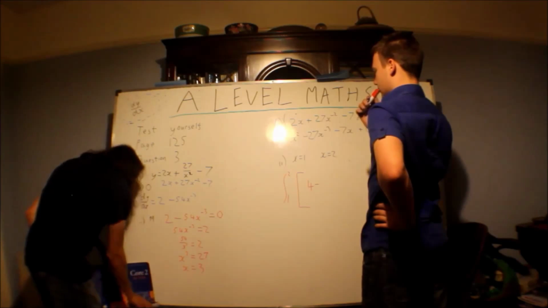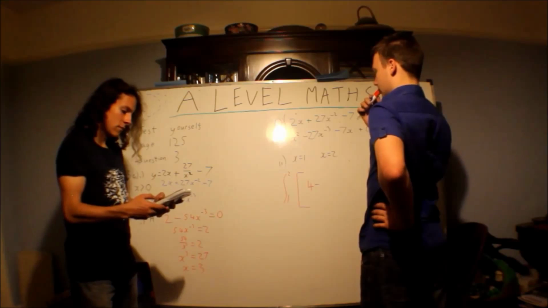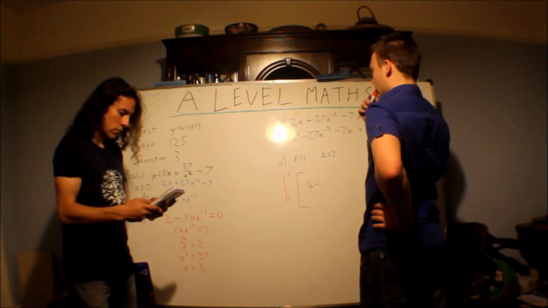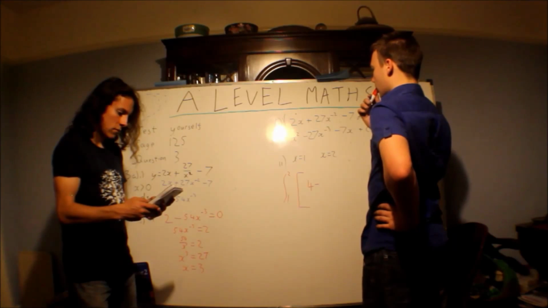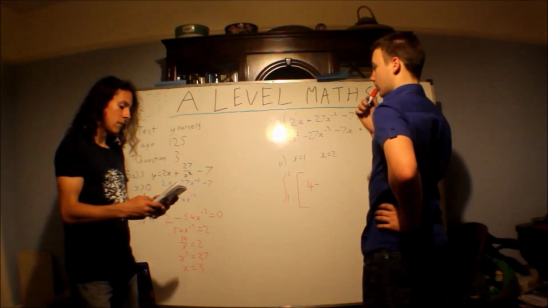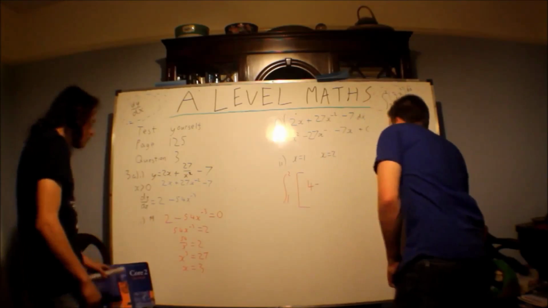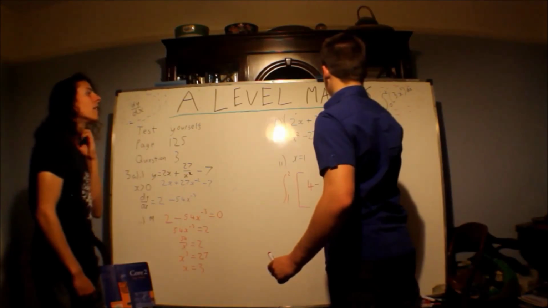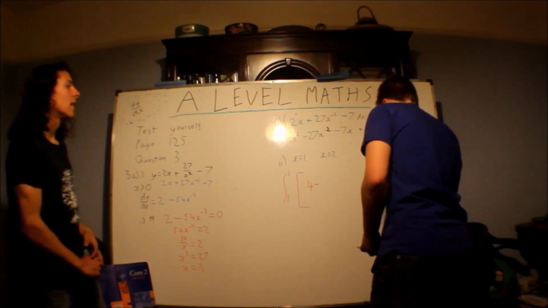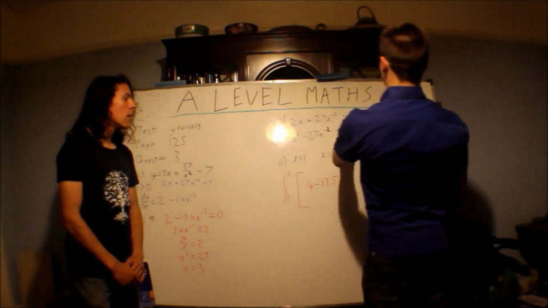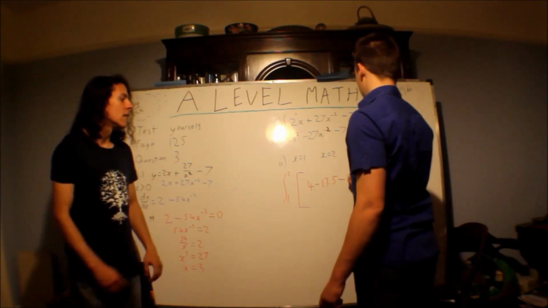Got a calculator? Wait, that's not minus 3, that's minus 2. So what is that? It's 13.5. Then 13.5 minus 7 lots of 2, which is minus 14.